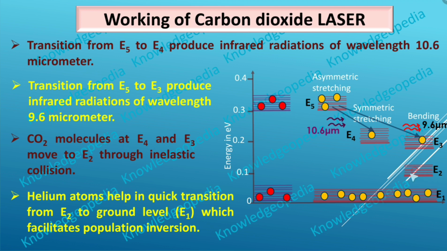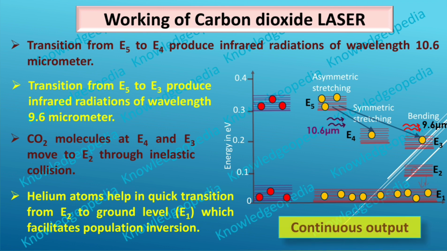So here the helium atoms enhance the transition of carbon dioxide molecules from E2 to E1. As the population inversion is maintained throughout the process, the output we are obtaining in the carbon dioxide laser is continuous in nature. So we are getting a continuous output.